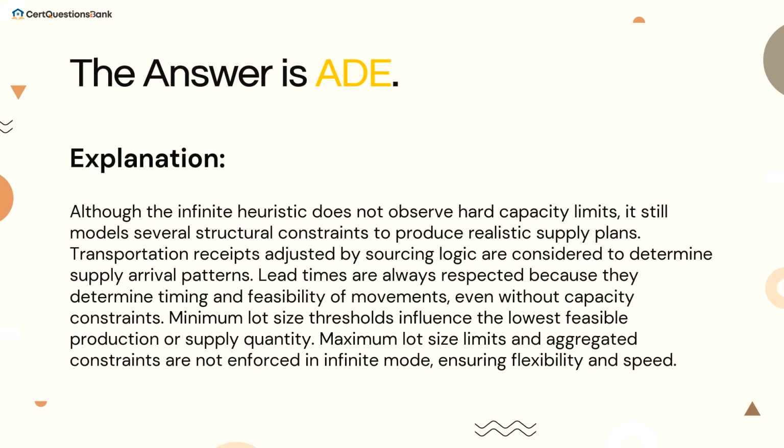Lead times are always respected because they determine timing and feasibility of movements, even without capacity constraints. Minimum lot size thresholds influence the lowest feasible production or supply quantity. Maximum lot size limits and aggregated constraints are not enforced in infinite mode, ensuring flexibility and speed.